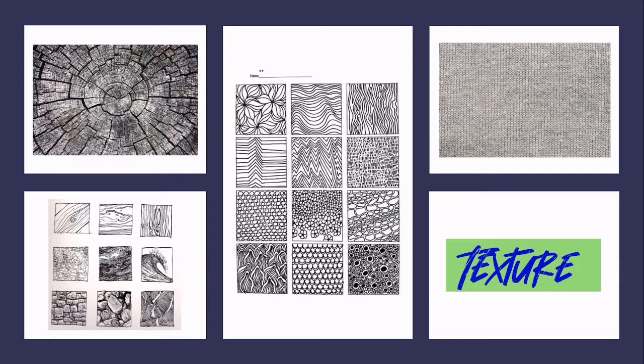Do you think it would be bumpy? Rough? You can see in the drawings in the middle how people have created texture using different drawing skills. And in the bottom corner, someone's drawn bricks as well, so you can imagine that they'd be quite rough to touch.